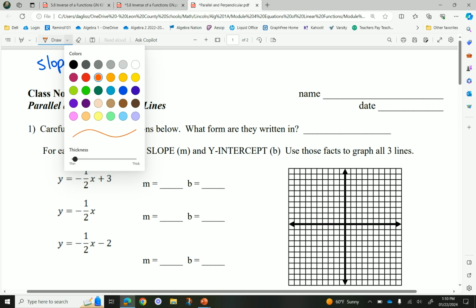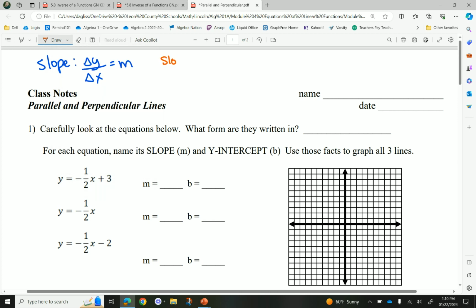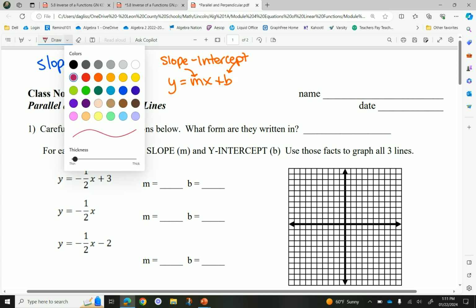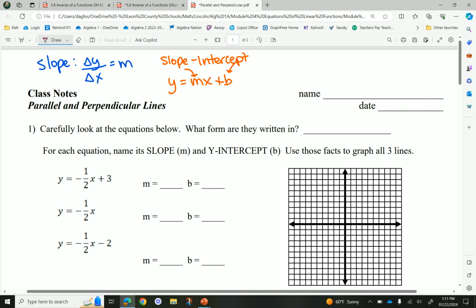The first form that we talked about was slope-intercept form. That's when you were given the slope, and sometimes we had to find the intercept, but it was y equals mx plus b. Slope was the m, my y-intercept was my b. Then we did point slope, which y'all actually really liked and you did very well at.